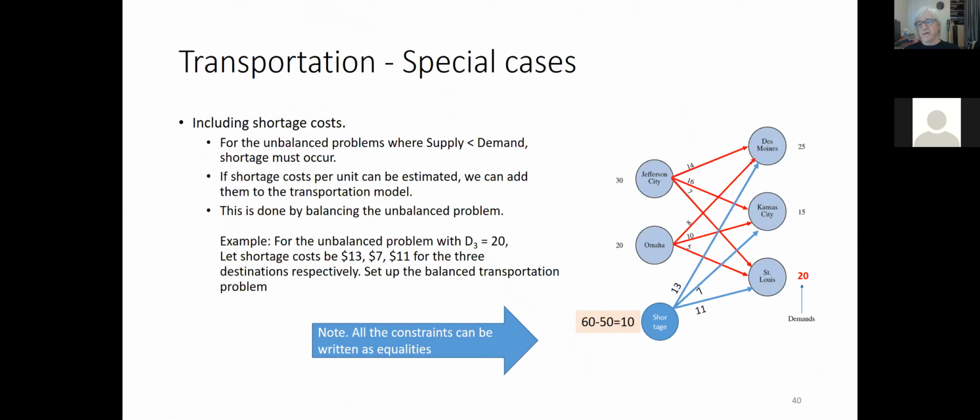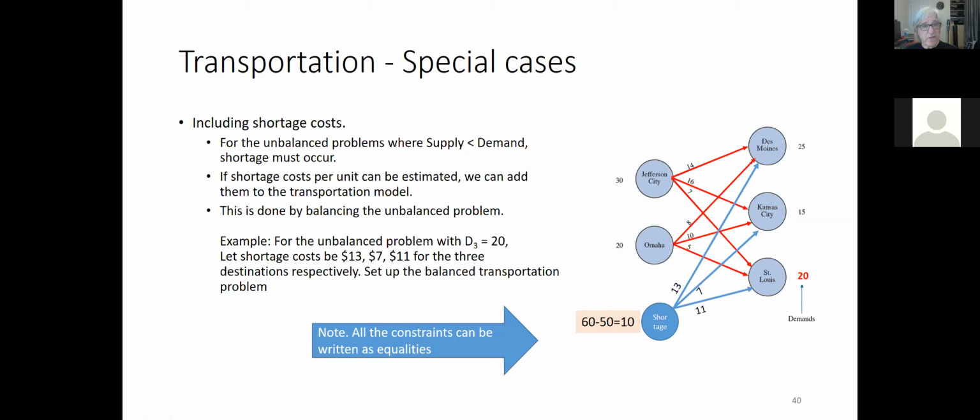But here is the story. The original problem had 10 units demand in St. Louis. I changed it: demand in St. Louis has increased to 20 units. The capacity could not be adjusted. You cannot just change capacity in one day. So now management can produce only 50 units in all, but they can only meet 20 units of demand. 10 units will remain in short.